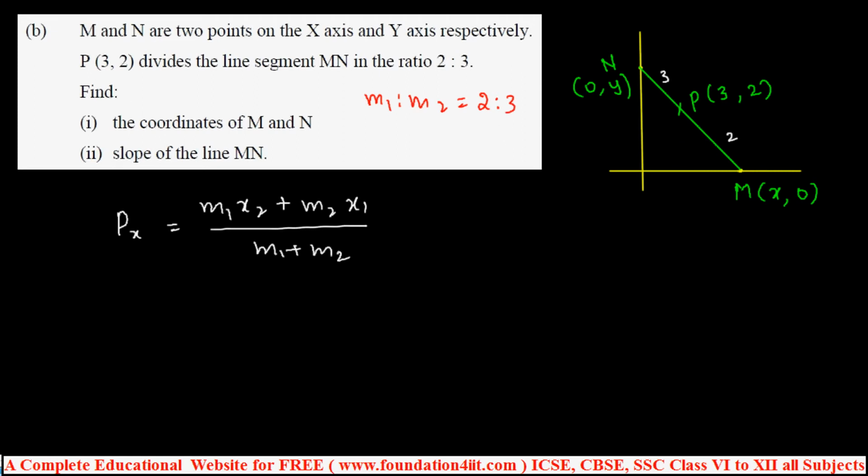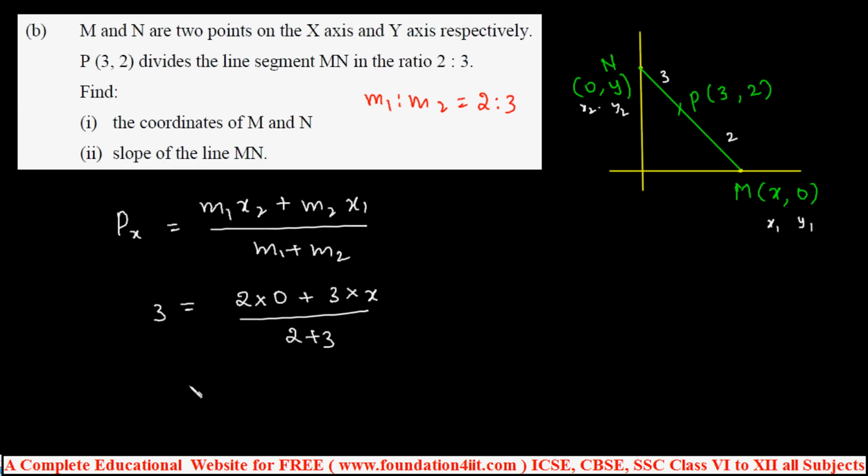And we have x1, y1, x2, y2 as the points. We can substitute: m1 x2, so 2 into x2 is 0, plus m2 which is 3 into x1. The x1 place is x1, you need to find that. Divide by m1 plus m2, so 2 plus 3. P of x is 3, because this is Px and this is Py, (3, 2). Using this we can find out the value of x.